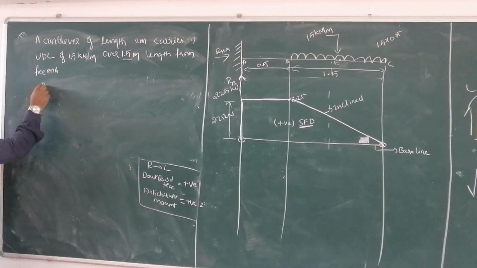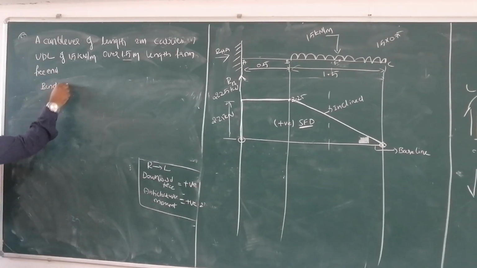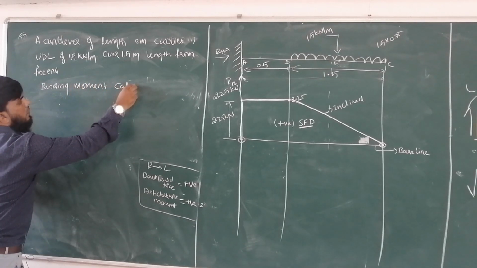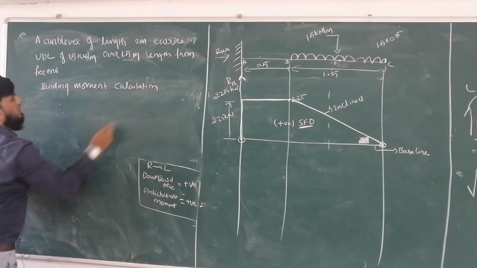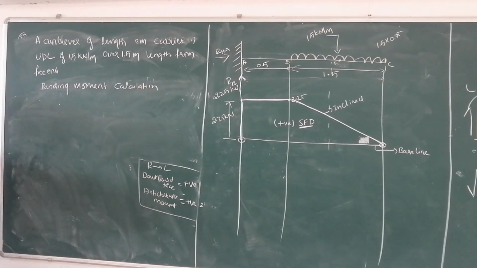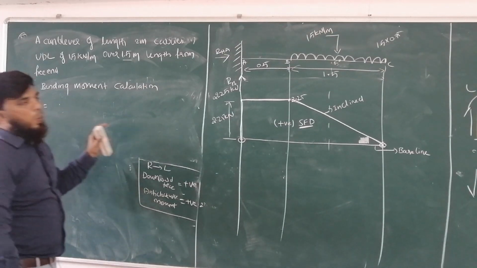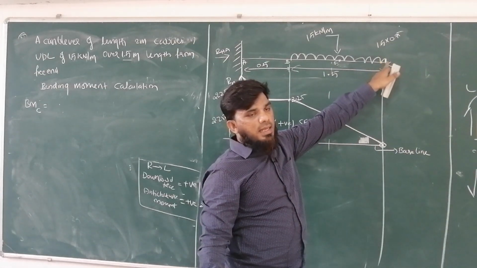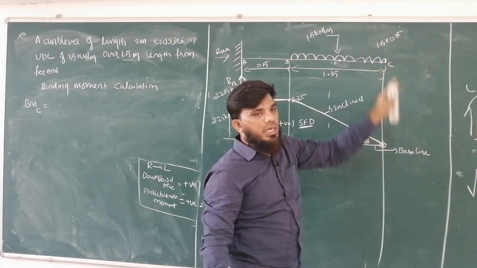We are now solving for bending moment. Next thing is bending moment calculation. When I say bending moment calculation, you have to write it from right side to left side. The extreme point on the right is point C, so write bending moment at point C. At point C we have a UDL, but the length of the UDL is 0 here, and the distance between point C and the load is 0.